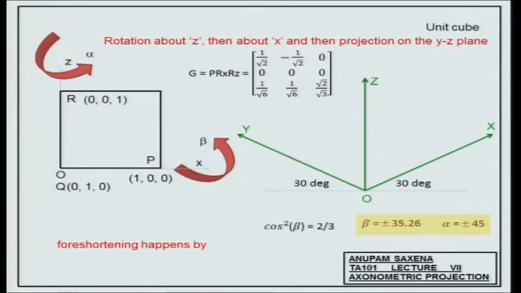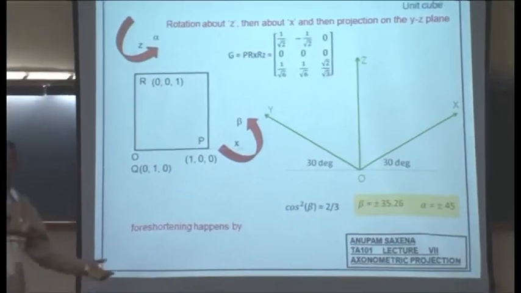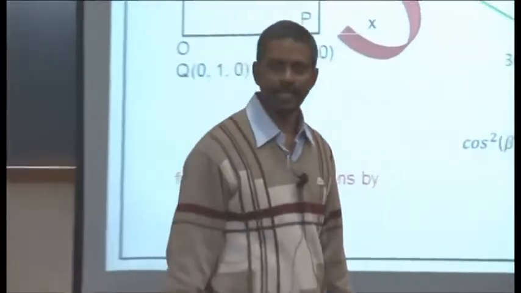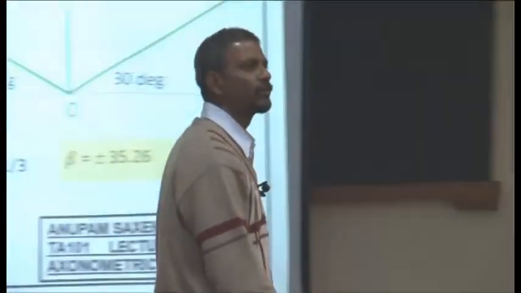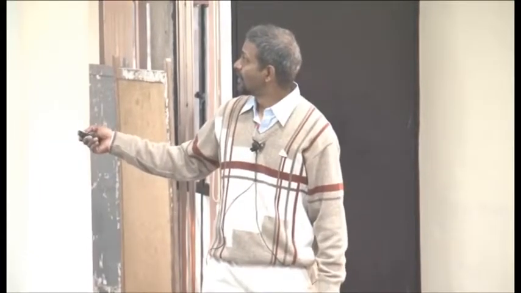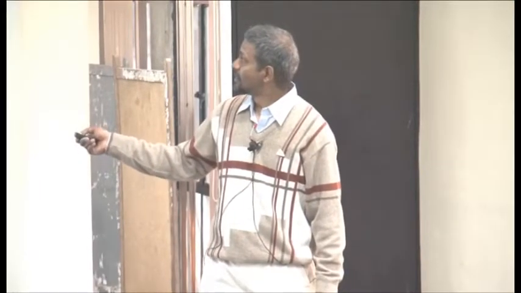All right. What happens to lengths? They get shortened, they get foreshortened. By what factor? So OR, folks, can I have all ears here?